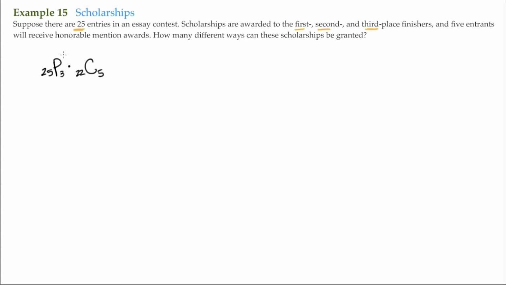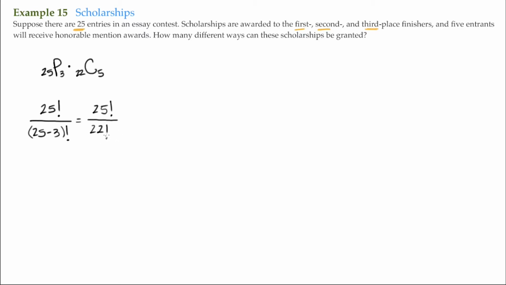So for the permutation, that's going to be 25 factorial over 25 minus 3 factorial. That's 25 factorial over 22 factorial.